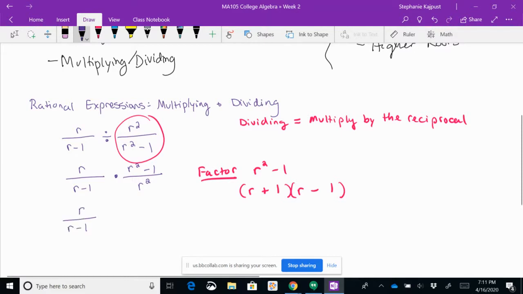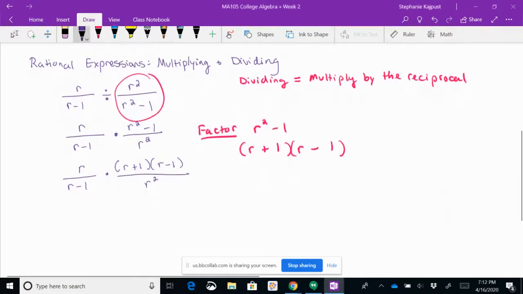So we have r over r minus 1 times, and then we're replacing the r squared minus 1 with the factored form, r plus 1 times r minus 1, and then in the denominator we have r squared. Are there any questions so far? Okay.